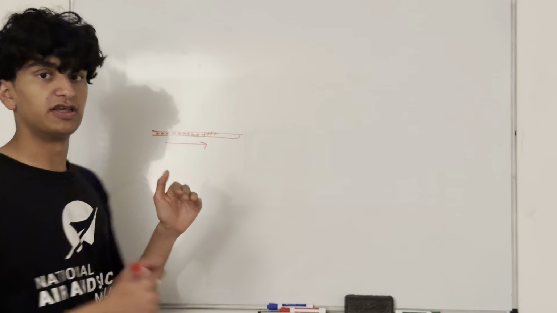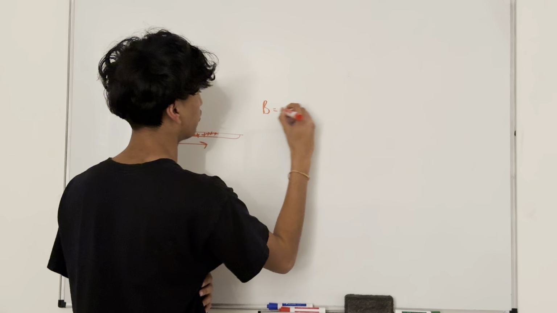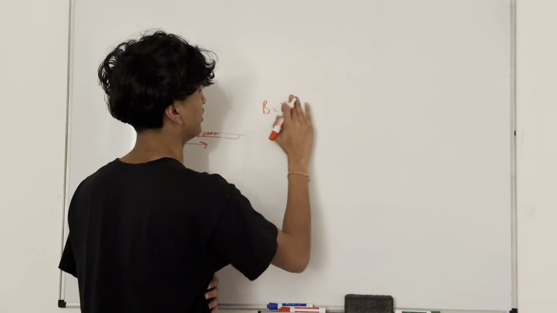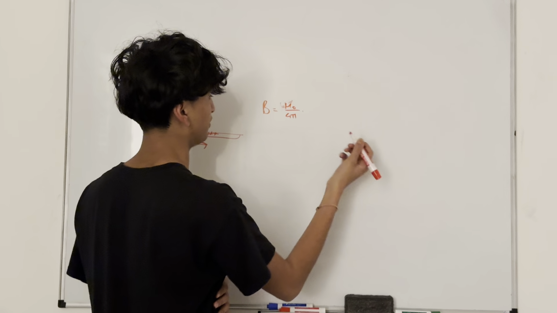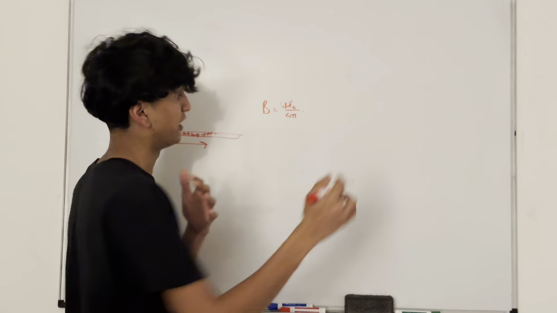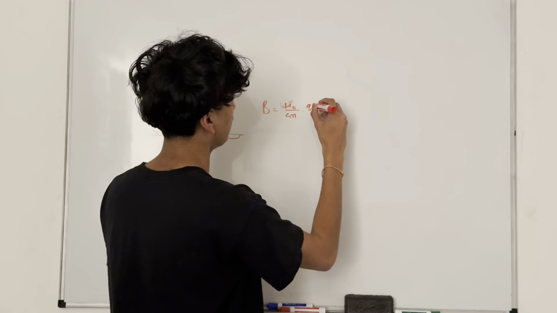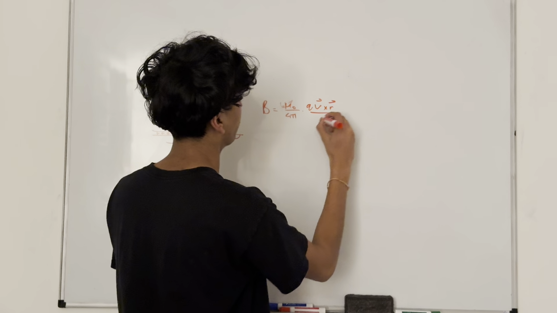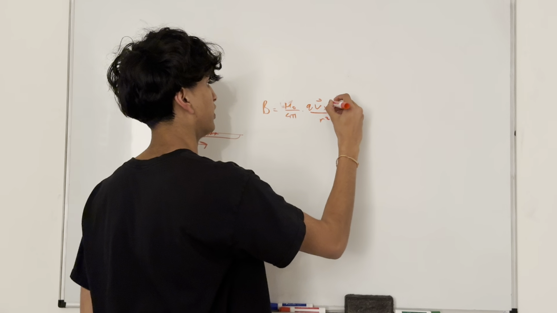So velocity, it's moving. You can change the formula. So B equals mu naught over 4 pi times QV cross R hat over R squared. I'll talk about this mu naught in a second if you're curious about what that is.